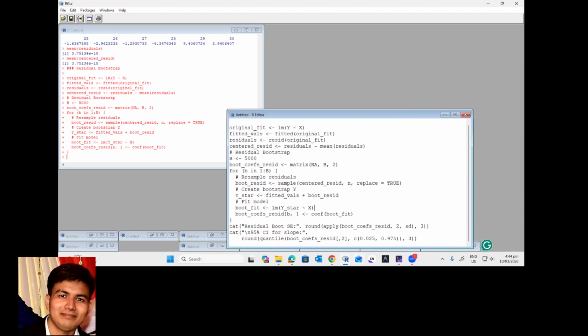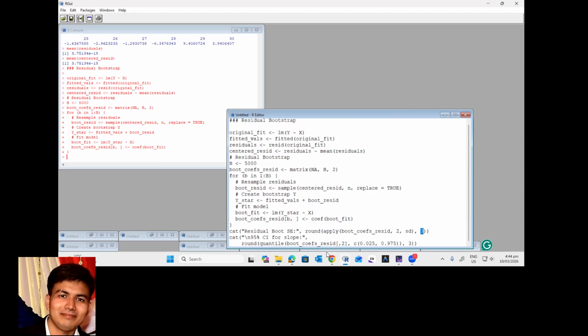Apply boot coefficient residuals, comma 2, comma sd, computes the standard deviation of each column, intercept and slope, across all the bootstrap replicates. These are the bootstrap estimates of the standard errors of the coefficients, and the result is rounded to three decimal places and printed with a descriptive label. That's why we use the 3 here.